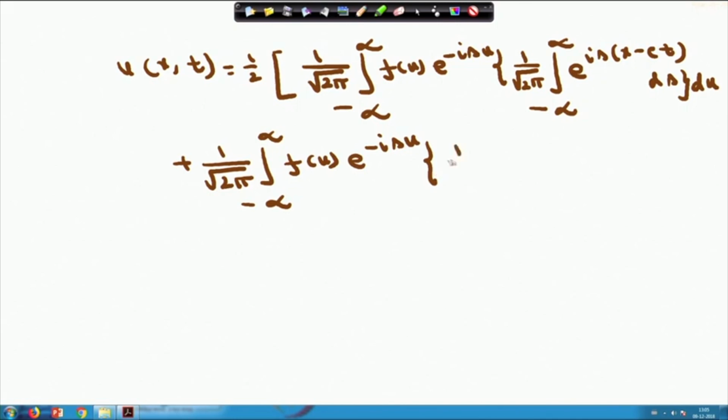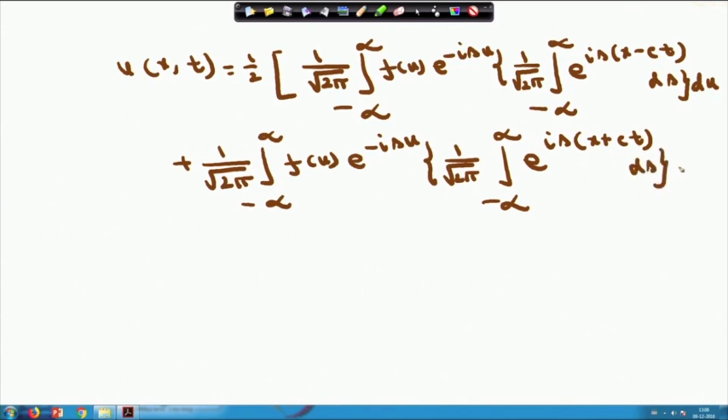This term will remain the same, only the e power term will be changing, e power I s into x plus c t will come, because from the earlier one you can check, just by combining I can obtain these two terms, into d s into d u.